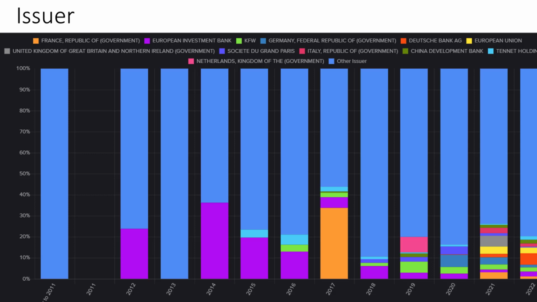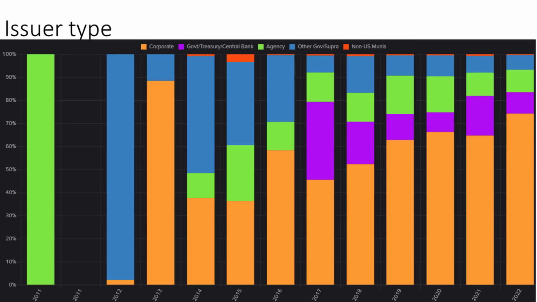Issuer type. So yeah, this is what I was waiting for previously. So we can see here the corporate issuer. We can see that now the private sector starts to find this market niche and they start to grow in. We can think about the efficiency, but they are starting to use this quite happily.